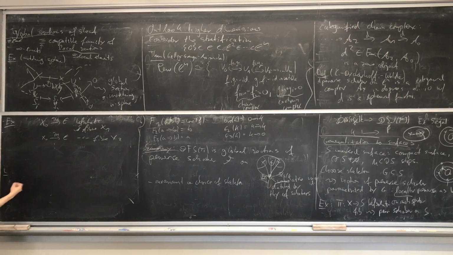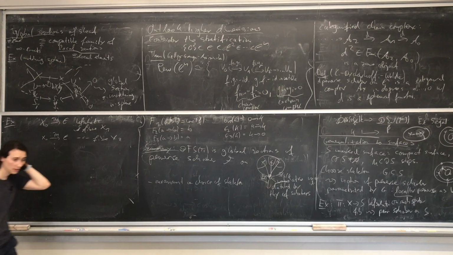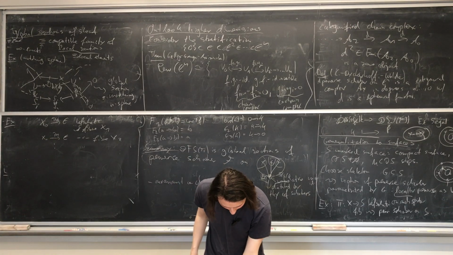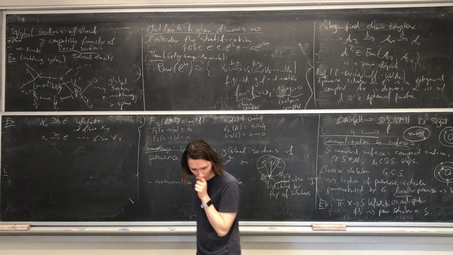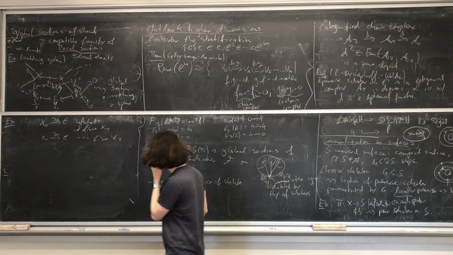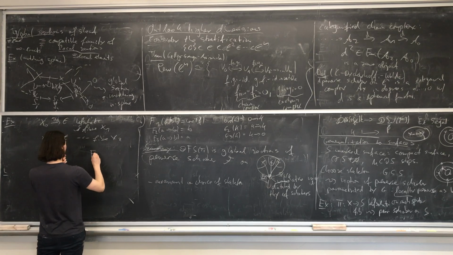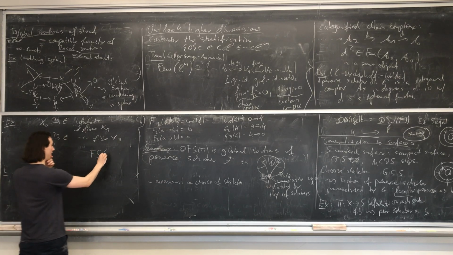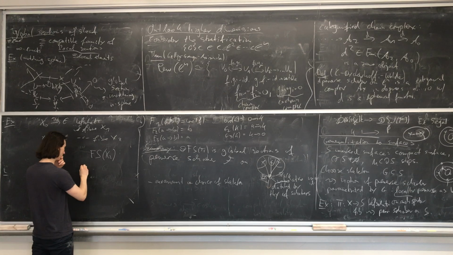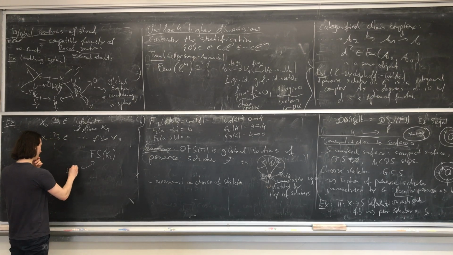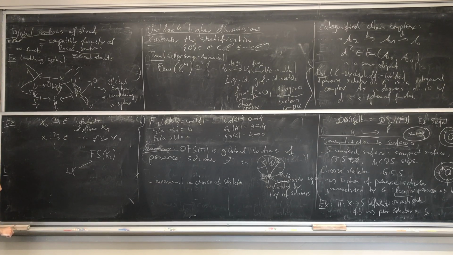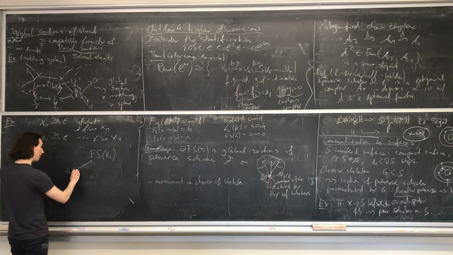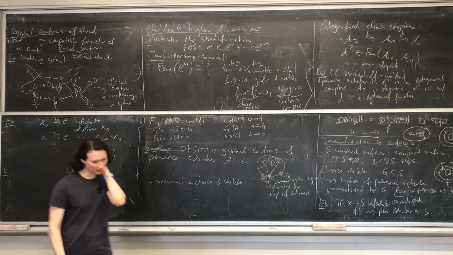And you can continue, but maybe that's enough for the moment. Then you start with the Fukaya-Seidel category of, let's say, x2, which has a map, the wrapped Fukaya category of the fiber, sorry.